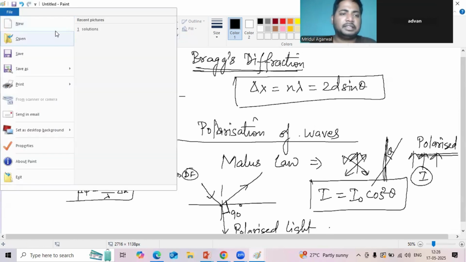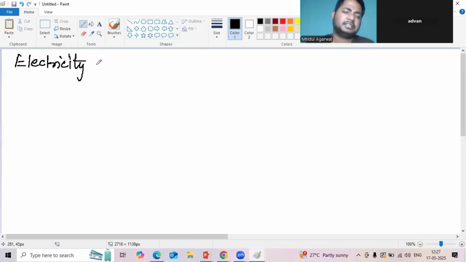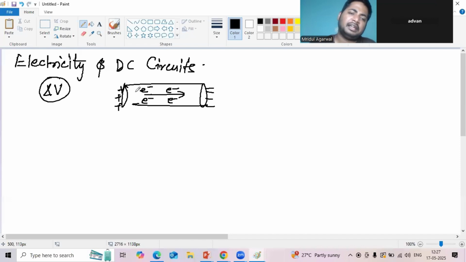Now the next chapter is basically electricity and DC circuits. If you talk about electricity and DC circuits, basically you start with something known as potential difference. That potential difference is applied when you apply some positive potential over here, negative potential over here, there will be some potential difference, and due to that the electrons will drift in the opposite direction, and we have got one quantity that is known as drift velocity, given by Vd.